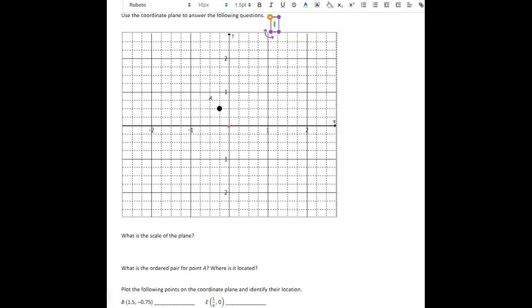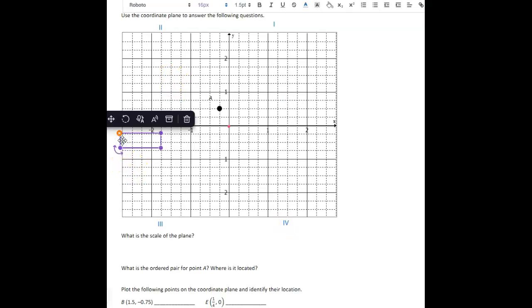If you move counterclockwise to here, you have quadrant 2. Continuing moving counterclockwise to your left, you have quadrant 3. And then the last quadrant on the bottom right corner is quadrant 4. So we have labeled our quadrants.